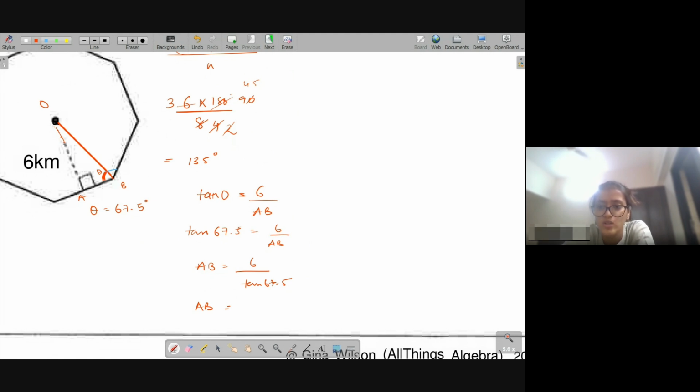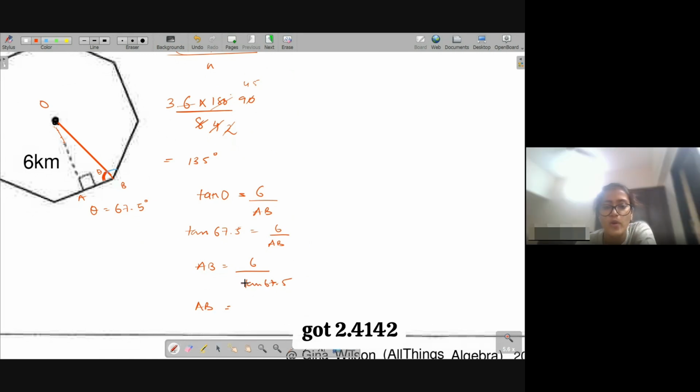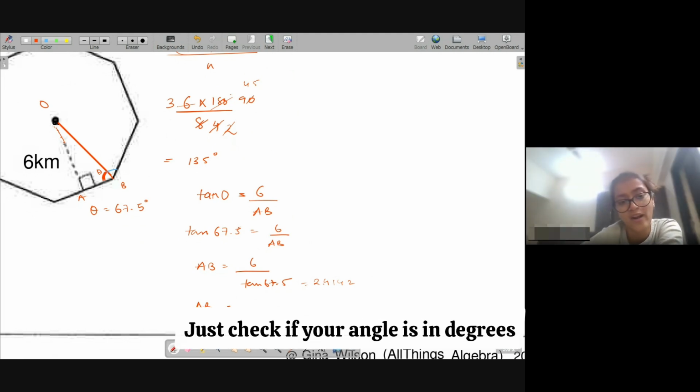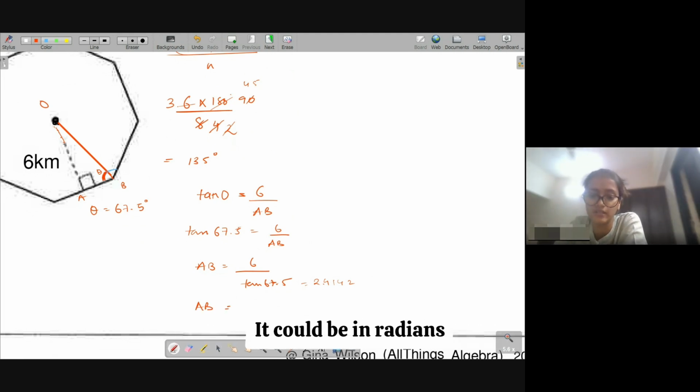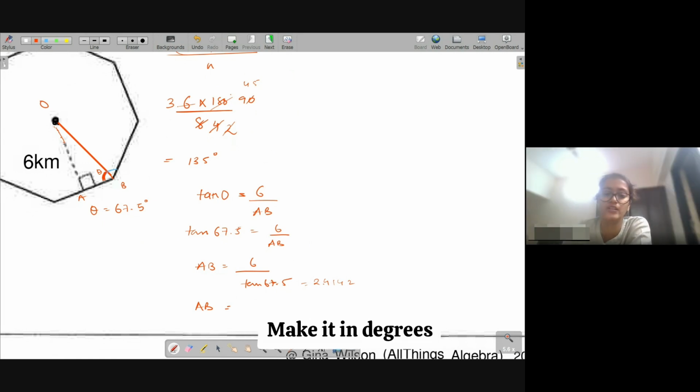What did you get for tan 67.5? I got 1.7856. Just check if your angle is in degrees. It could be in radians. Make it in degrees.